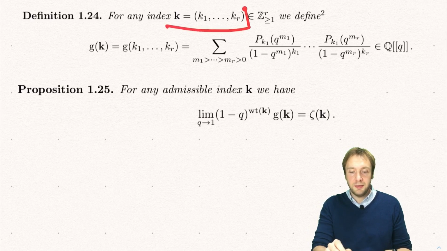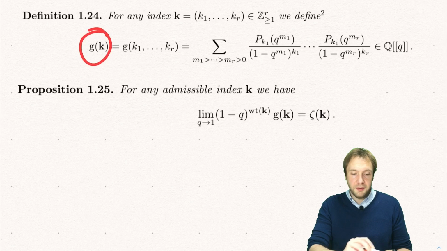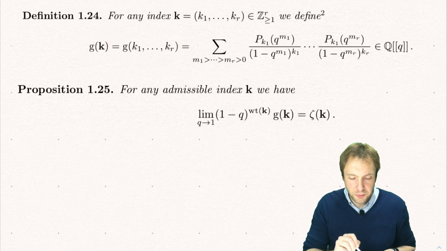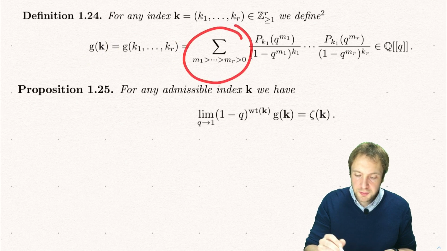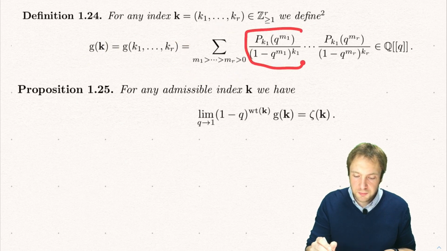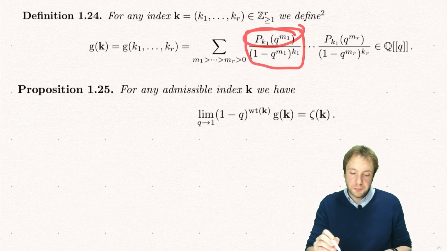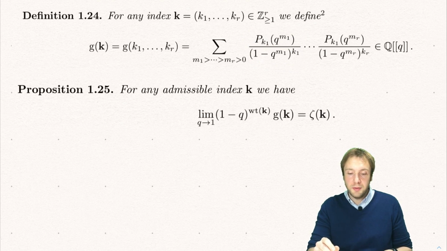So for any index k, we define g of this index, which we also write g(k1, ..., kr), as an ordered sum. And here we take these fractions of Eulerian polynomials at q^mj divided by (1 minus q^mj) to the power kj.